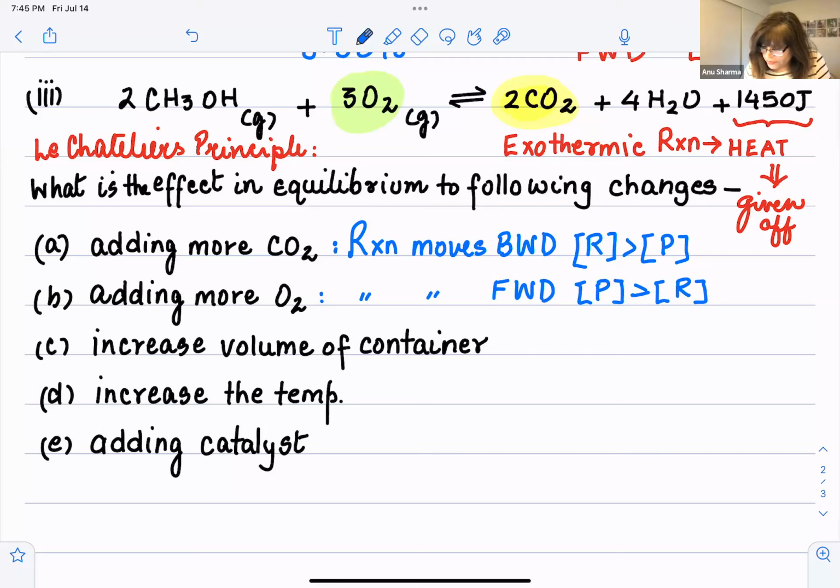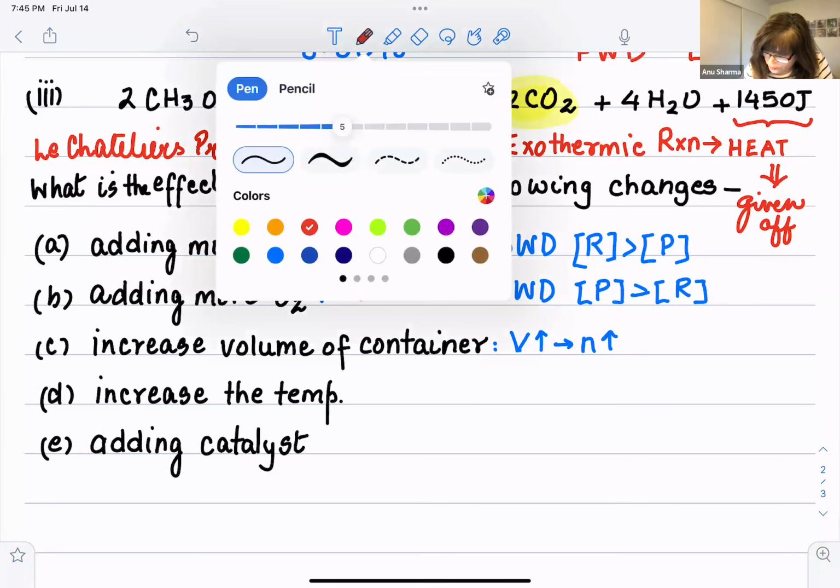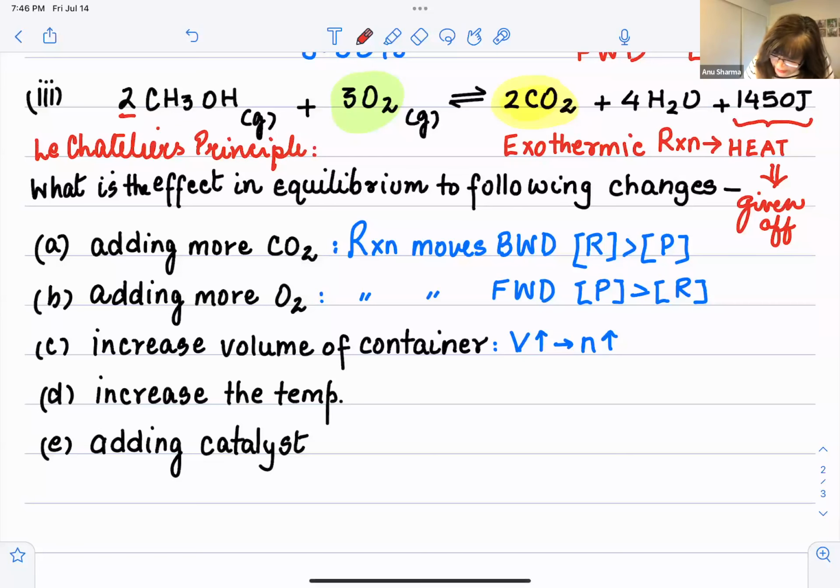Now, increase the volume of the container. Remember, when the volume increases, the reaction moves in the direction where there are more moles. If the volume decreases, then the reaction will move in the direction where there are fewer moles. So let's see where there are more moles. This is 3 plus 2, so a total of 5 moles here.